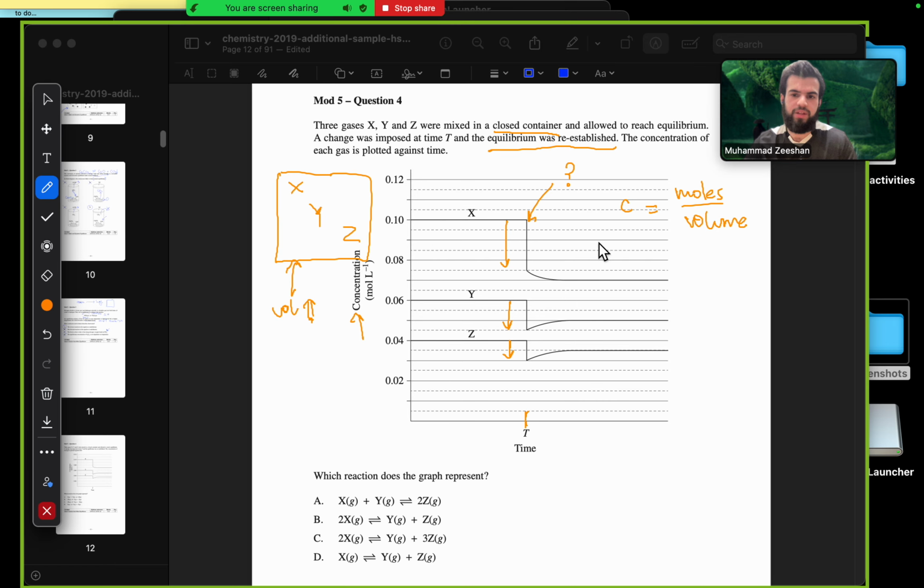The concentration of a gas equals moles divided by volume. So if you increase the volume, you're increasing the denominator. The moles is unchanging. You're not adding or removing any gas from the closed container. So the concentration of everything will go down because you're dividing by a higher volume.